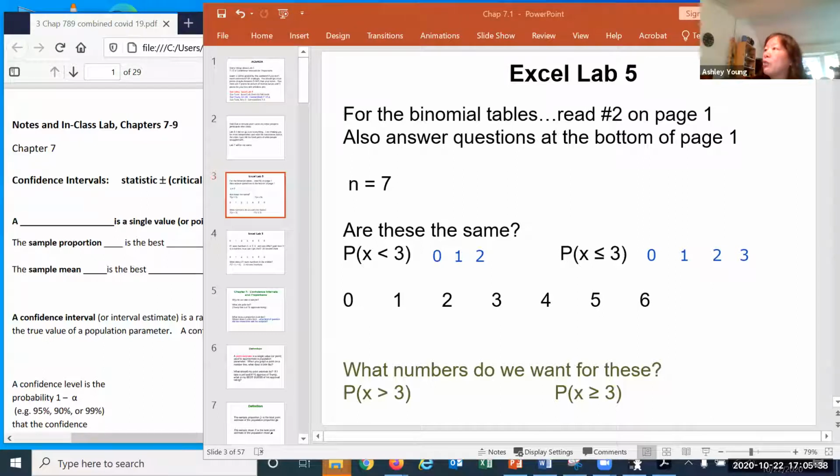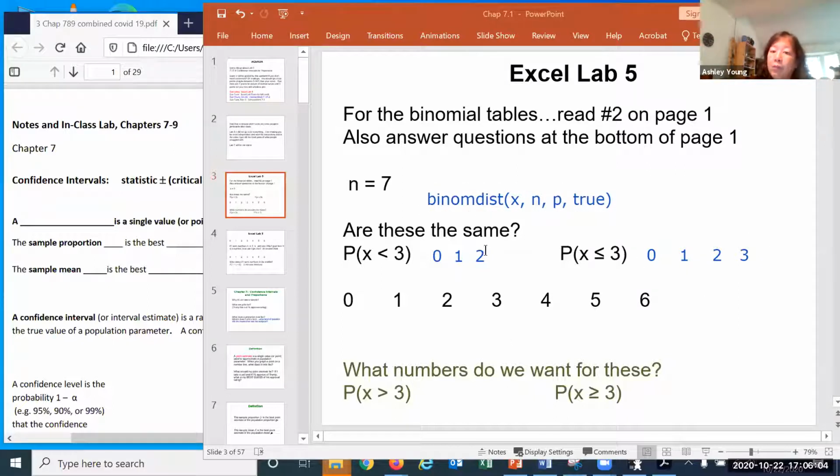I can show you when I'm drawing this. So you're going to have this function called binom dist. And you're going to give it an X and an N and a P. And then you're going to say true if you want it to include the things that come before it.